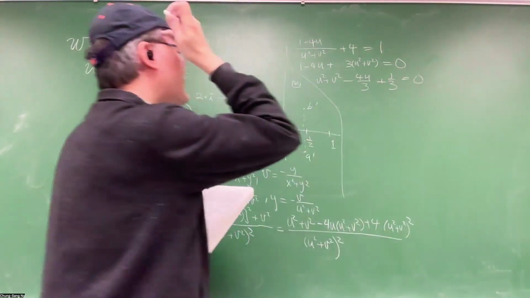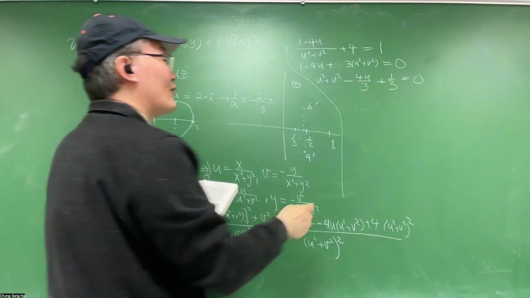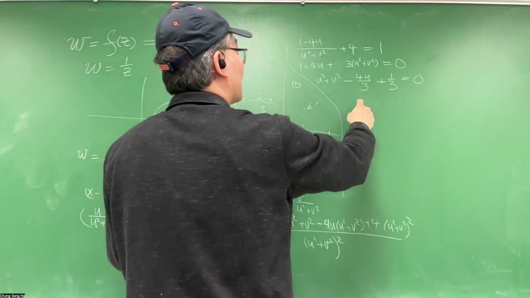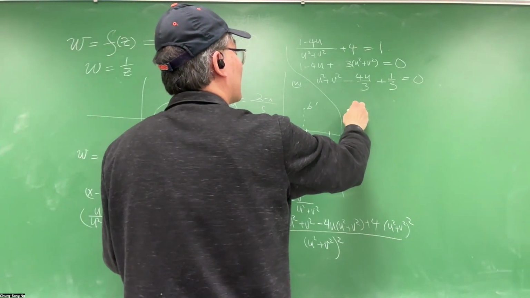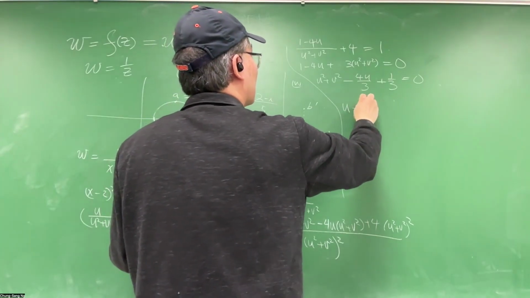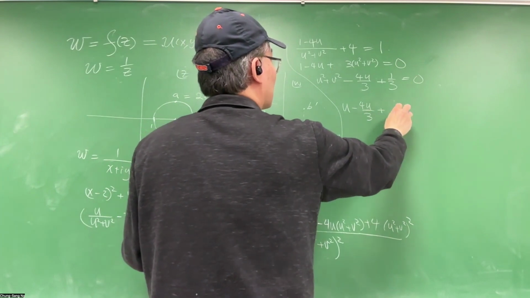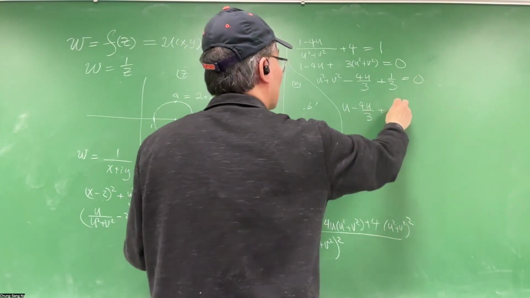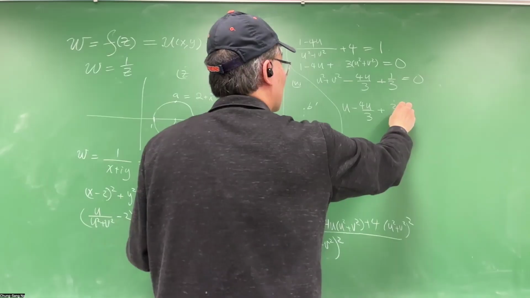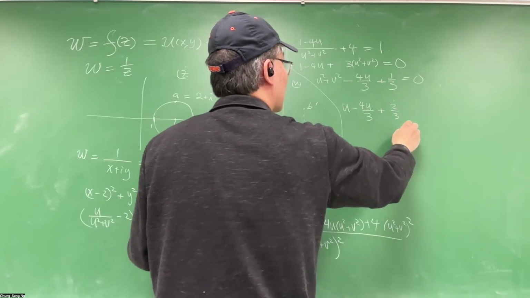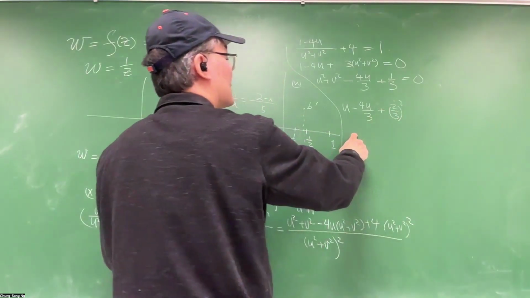You see, you actually get a circle or whatever quadratic curve. So what you do is a complete square, u plus u over 3 plus u plus 3. Good.